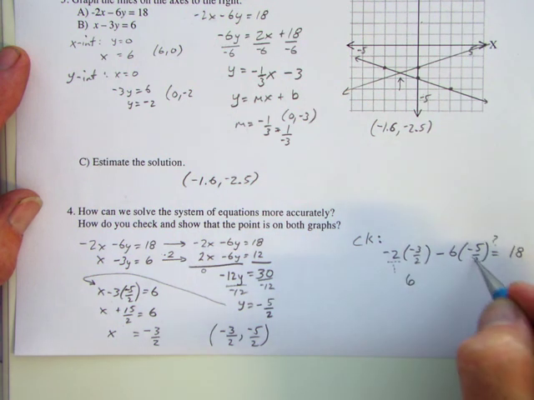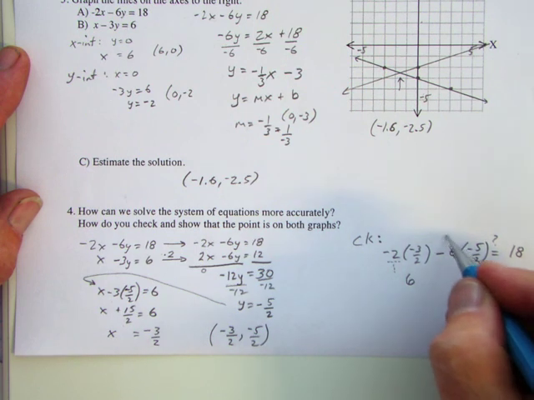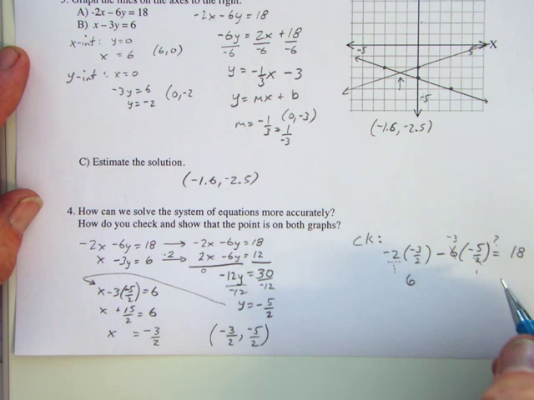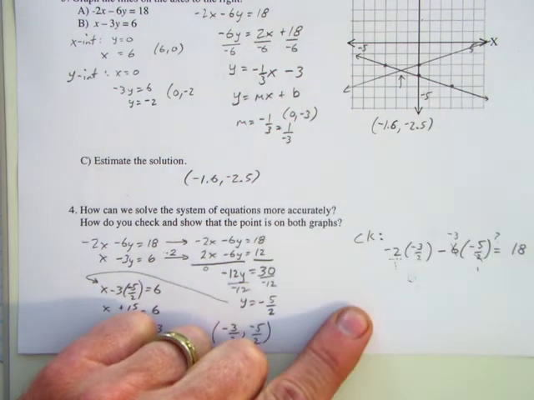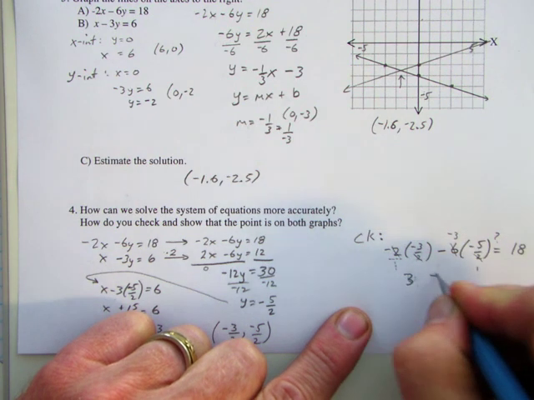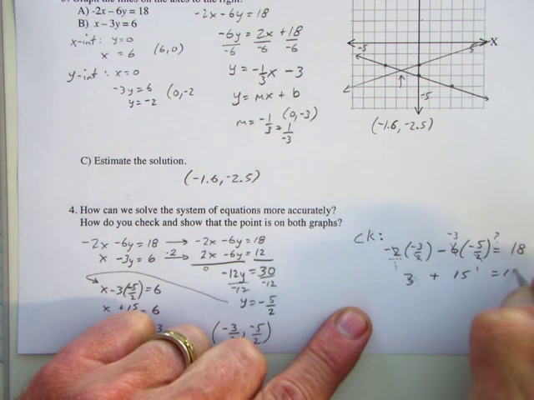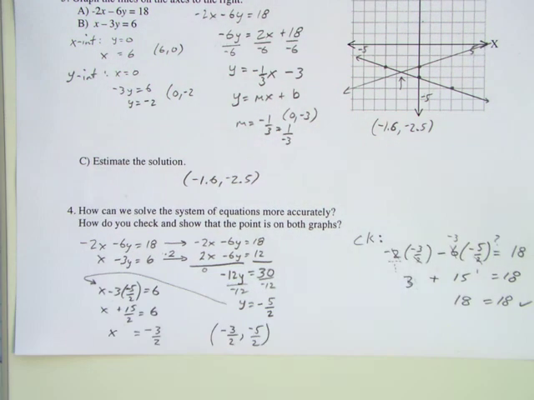And then the 2 here reduces with the negative 6, and we'll have negative 3. Negative 3 times... Oh, I put 6 down. I forgot I did not reduce that. This would be 3, and then 15 equals 18. So we have 18 equals 18, and yes, it checks out.